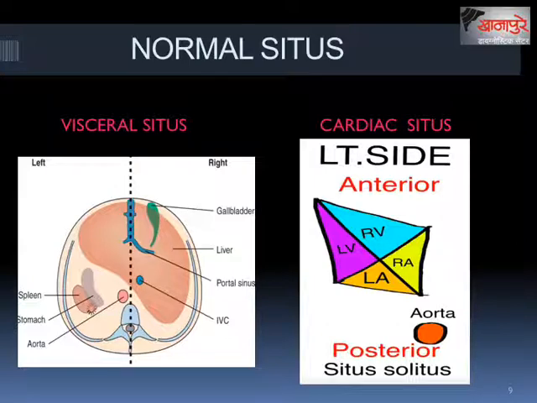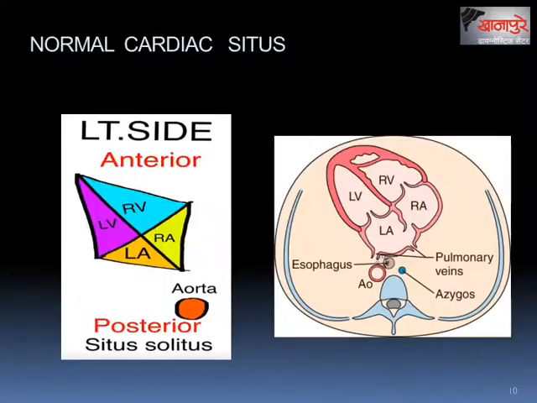Left-sided structures include descending aorta, stomach, and spleen. Normal cardiac situs is situs solitus. In situs solitus, the cardiac apex is on the left side, right ventricle is anterior, left atrium is posterior, and aorta is on the left side of midline.